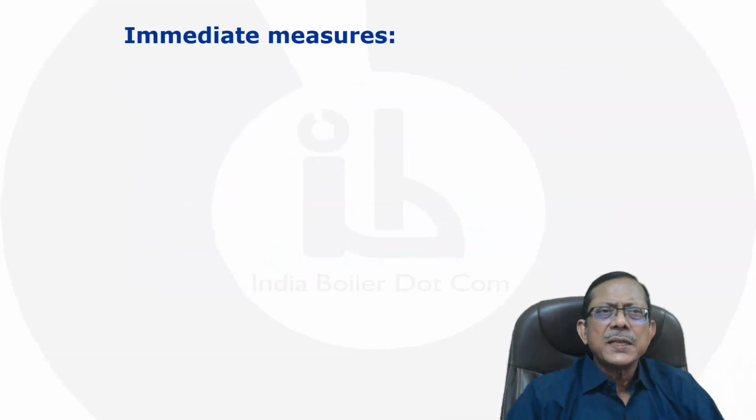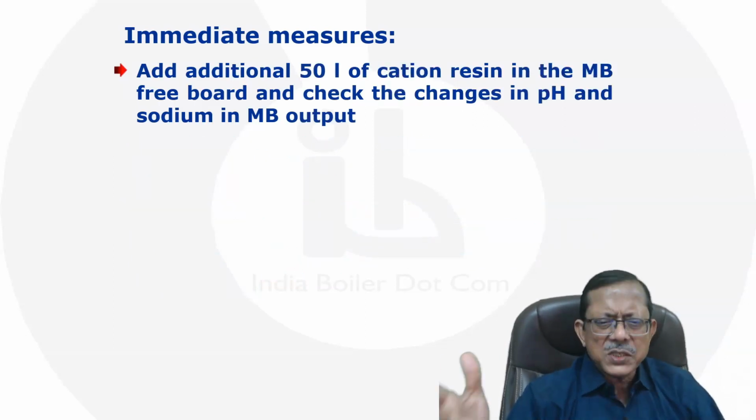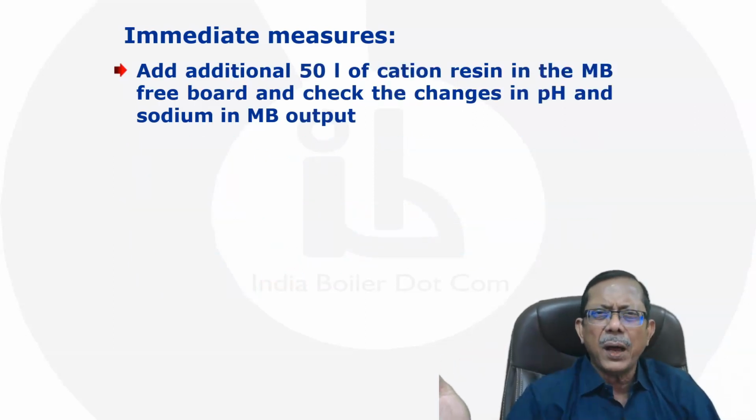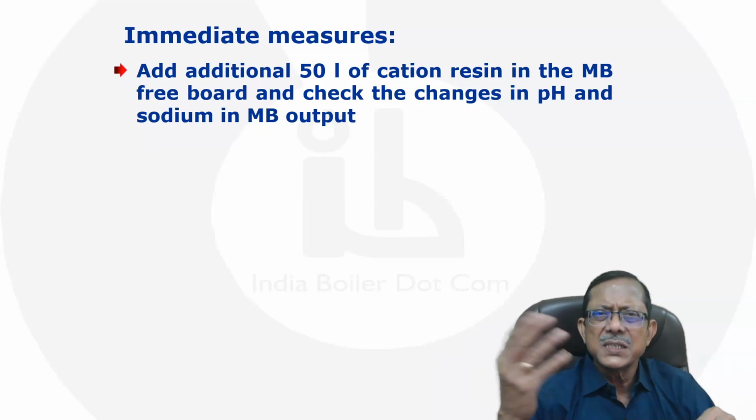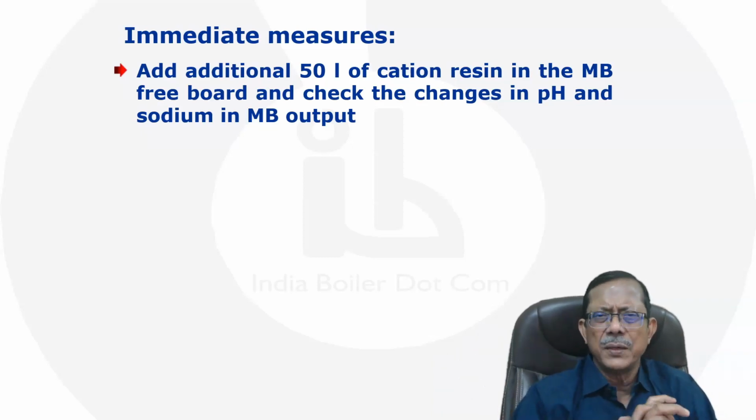Okay, next, since their MB outlet pH was coming a little odd, very high, 7.5, 7.6, as I have mentioned in the last video, they have some problem so far as the cationic regeneration is concerned.